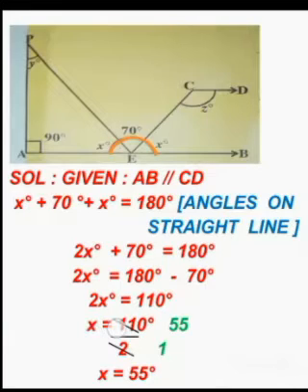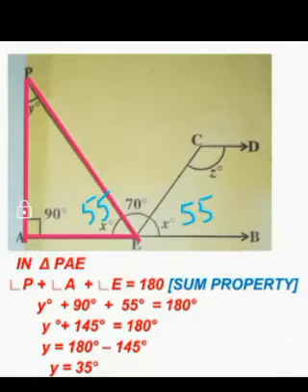Then x is equal to 110 degrees by 2. If you cancel 110 with 2, 2 fives are 10, 2 fives are 10, you will get 55. So the value of x is equal to 55 degrees.